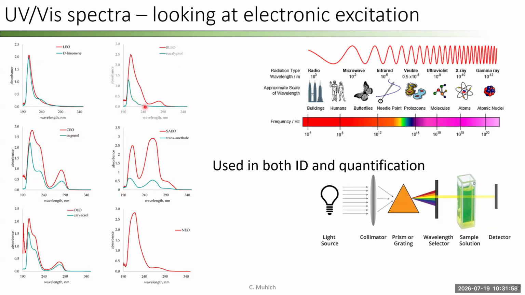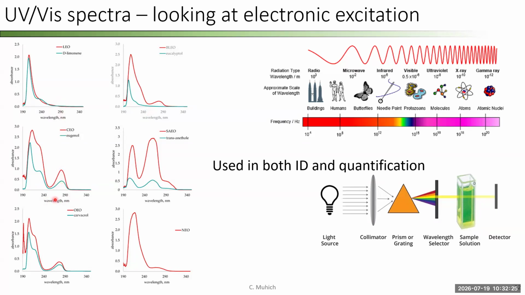So this has a much lower peak than the limonene, and the limonene has this sort of hump at 240, where the eucalyptol does not. If we look at limonene versus eugenol, the eugenol has this peak around 280 versus the limonene does not.